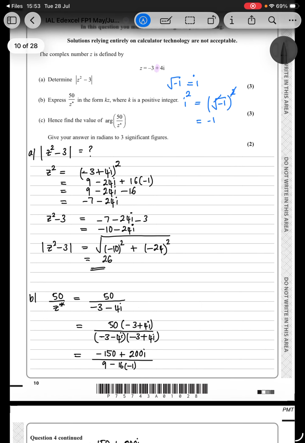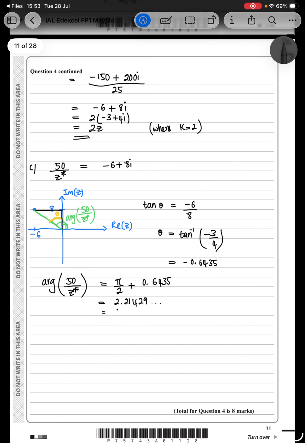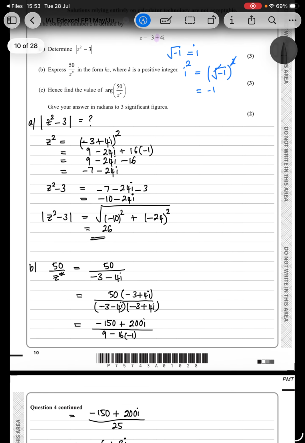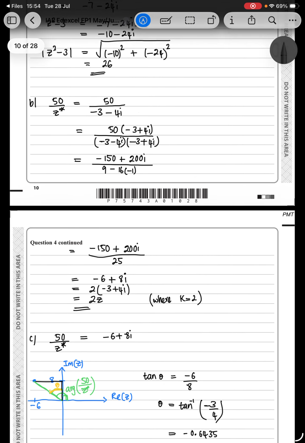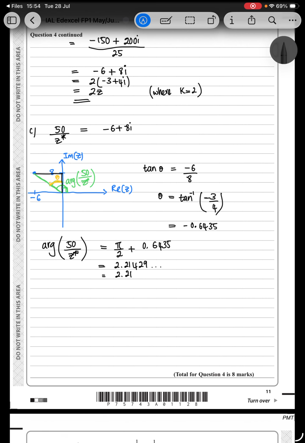But we need to round it to 3 significant figures, which will be 2.21 radians. But since they say to find the value, it's not required for us to write radians or whichever the unit, so we can just state that it's 2.21 and maybe say to 3 SF.